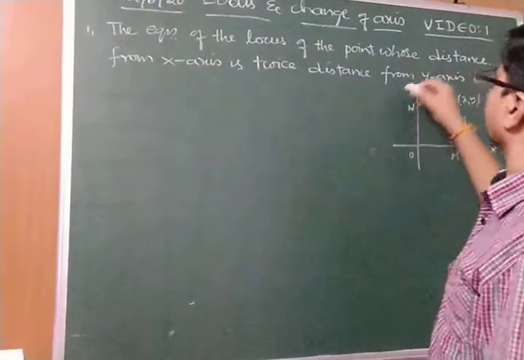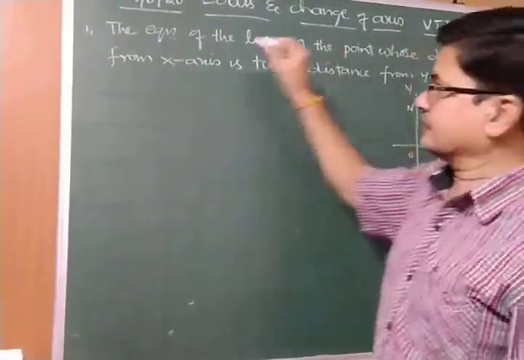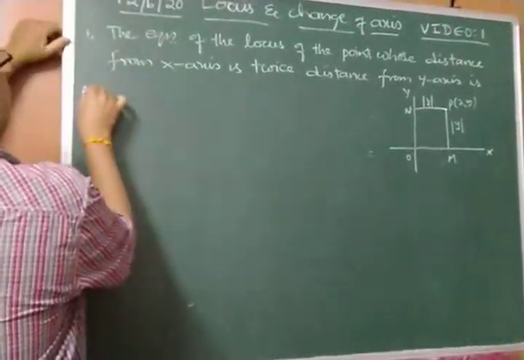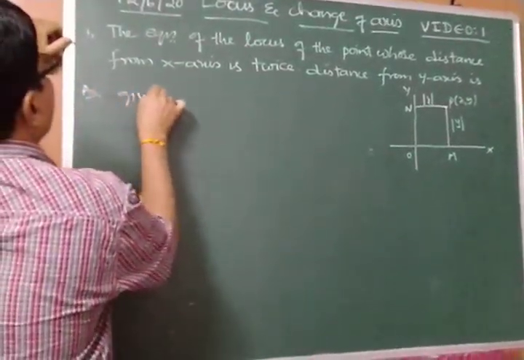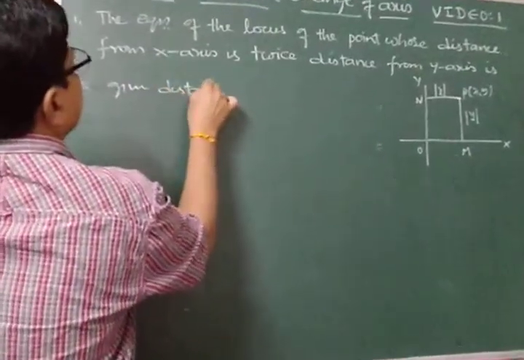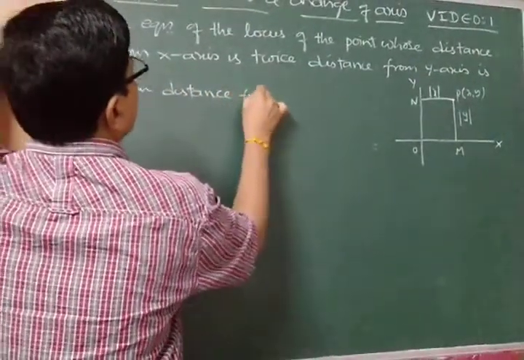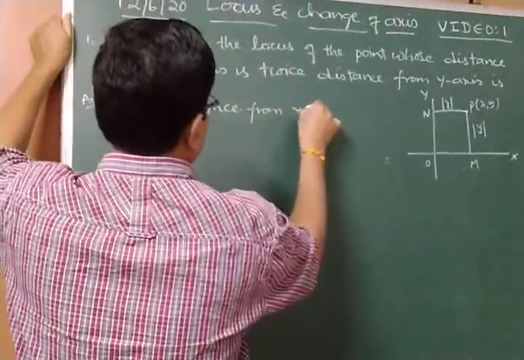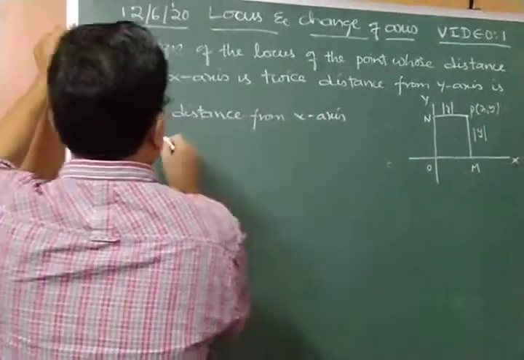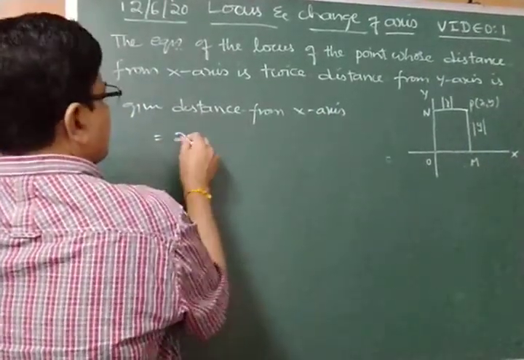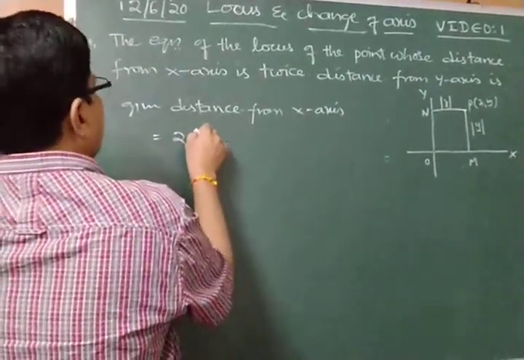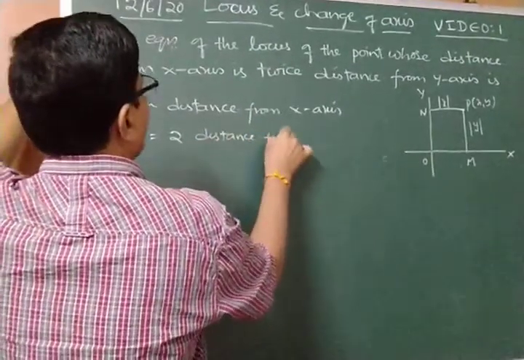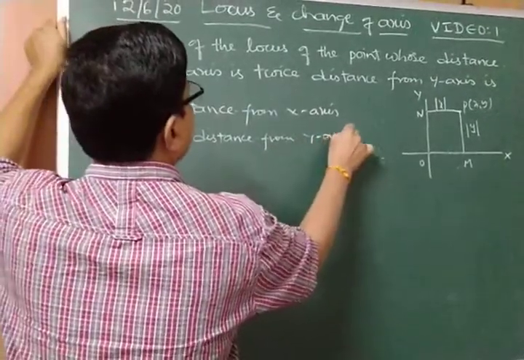Given the distance from x-axis is twice the distance from y-axis. That is given distance from x-axis is equal to twice, means 2 times the distance from y-axis.